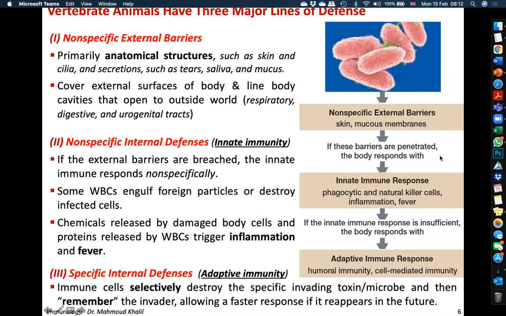In case it comes back to our body, it can respond to this invader faster than the initial response. So basically, it gives our body the memory to remember this invader in future encounters. And it is a very specific type of defense.